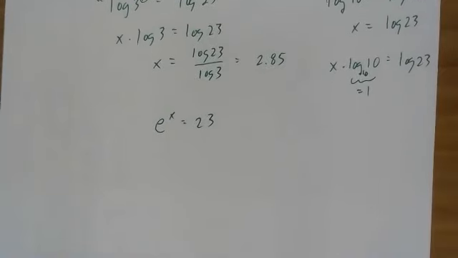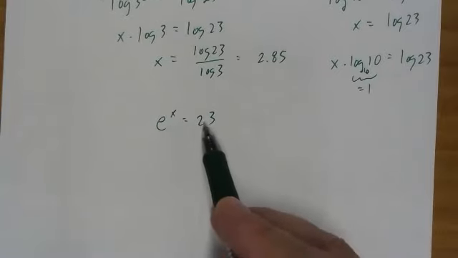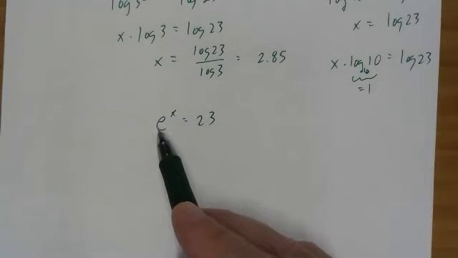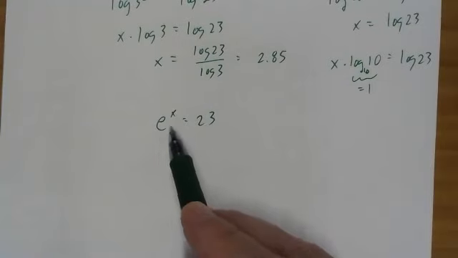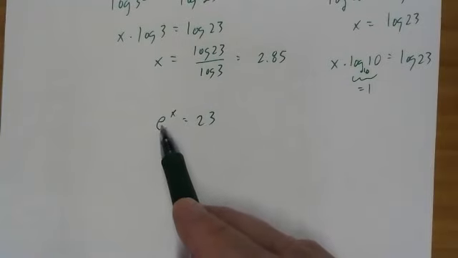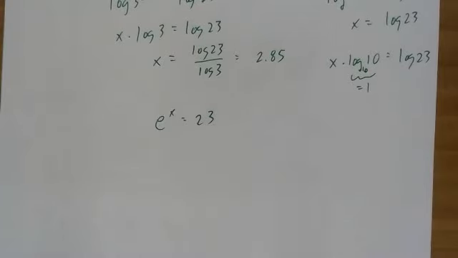I say all that now to go back to this one. To make this problem simpler, I'm going to take the natural log of both sides, since my base is e.